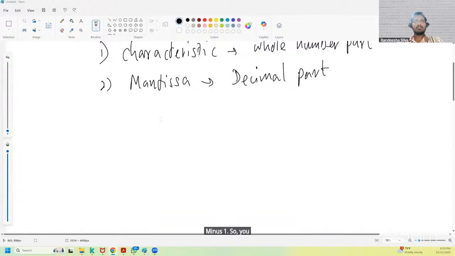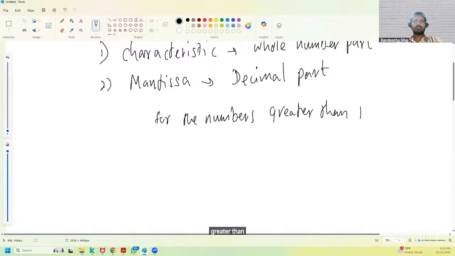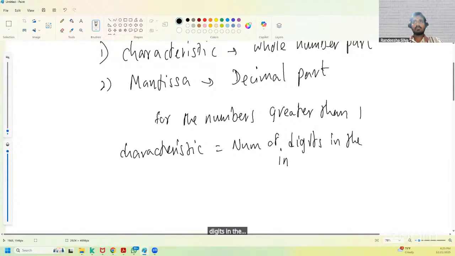So you can write down the next rule: for numbers greater than 1, the characteristic will be the number of digits in the integral part minus 1.